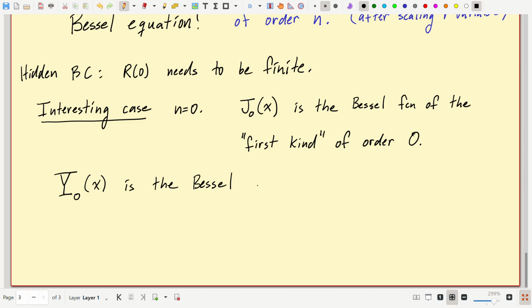And it's a special kind of singular point called a regular singular point. That's why we have one solution that blows up and the other one that doesn't, because of that special nature of that singularity. So that's the Bessel function of the second kind.